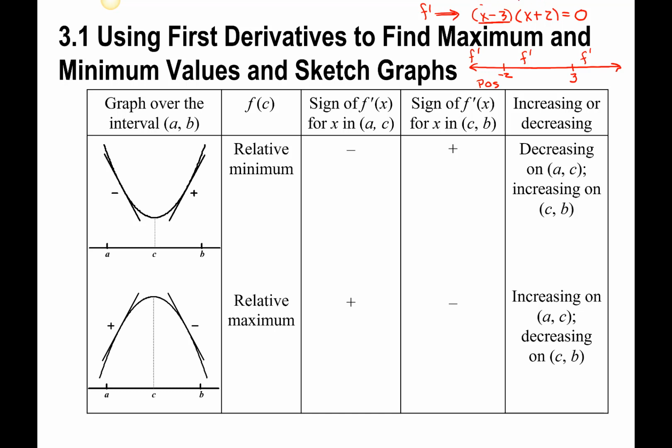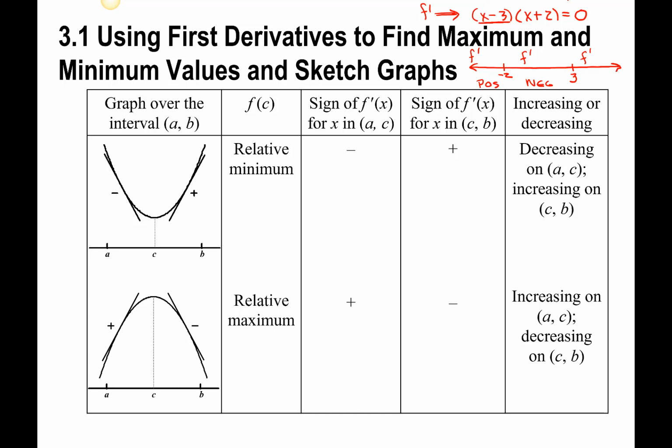Okay, next interval. Pick something like 0, because between negative 2 and positive 3, 0 is an option. If you put in 0, this first factor is going to be negative. The second one's going to be positive, and a negative times a positive is a negative. And notice, am I even concerned about what the actual numbers are? Not concerned. Doesn't matter.